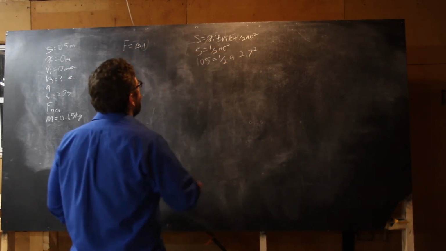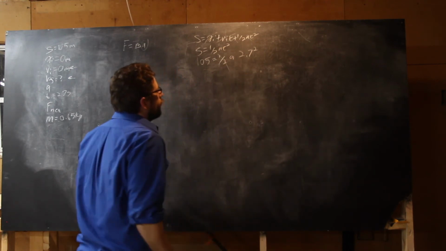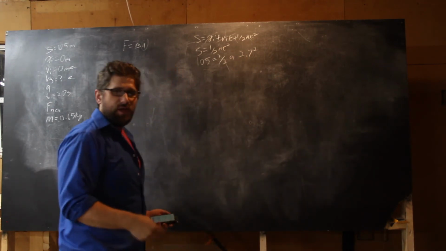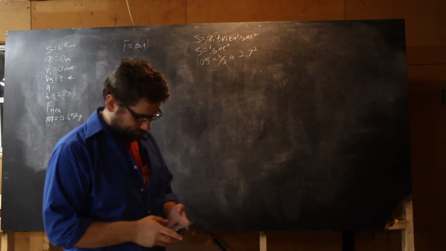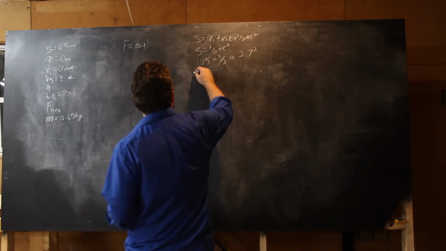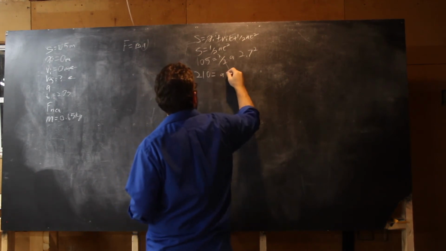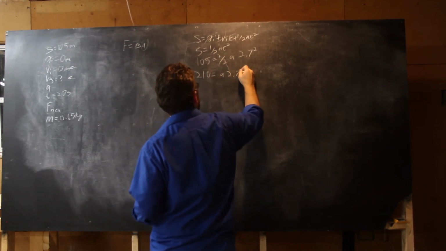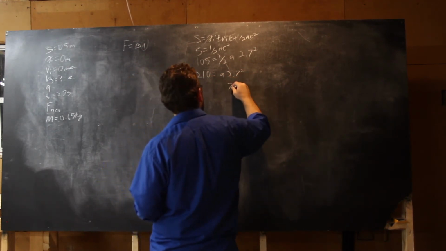So we're going to do 105 times 2 to get rid of this. And then we are going to square 2.7, and we're going to divide whatever that result is by it. So 105 times 2 is 210, then A and 2.7 squared. 2.7 squared is 7.29.